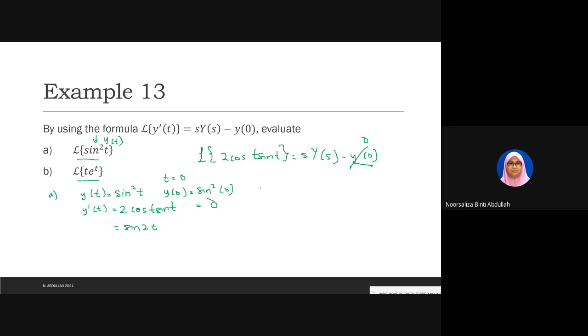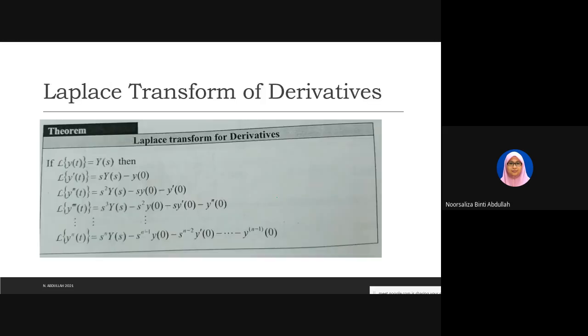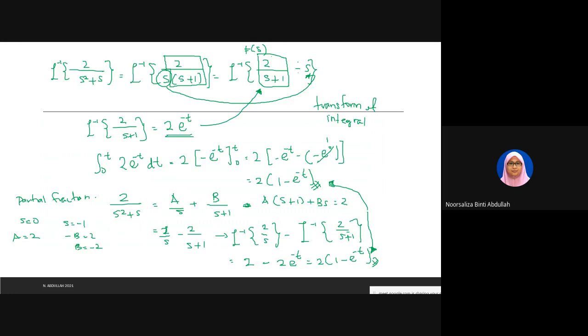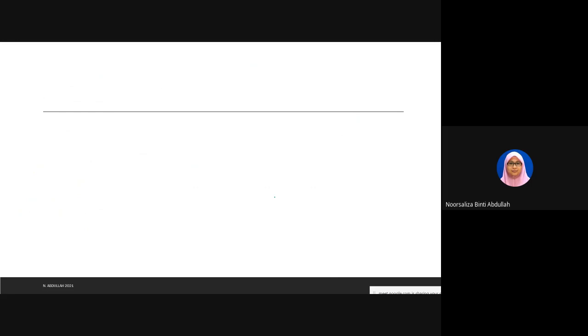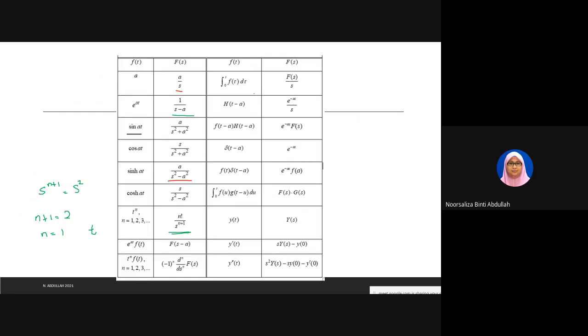So bila sin 2t baru you boleh dapatkan Laplace dia. So Laplace untuk sin 2t equals to sY(s). Minus kosong ni tak payah letak dah sebab y(0) adalah kosong. Then you refer pada table, sin 2t adalah yang ini, sin at. Sin 2t equals to 2 over s square plus 2 square.